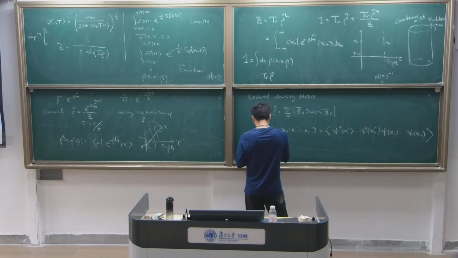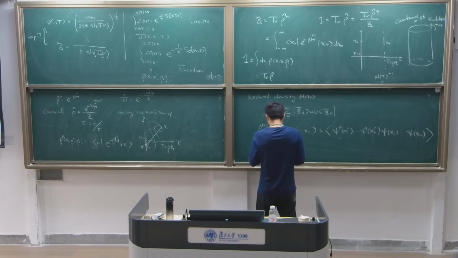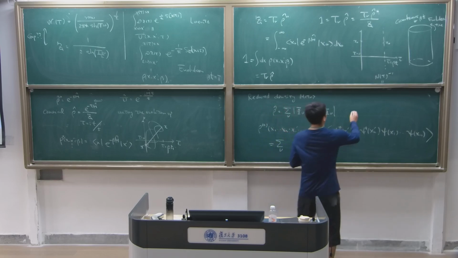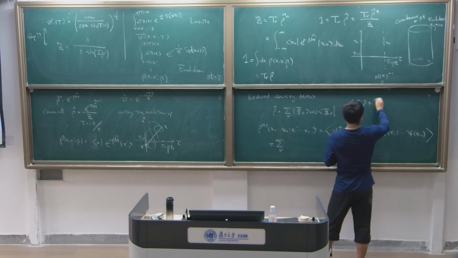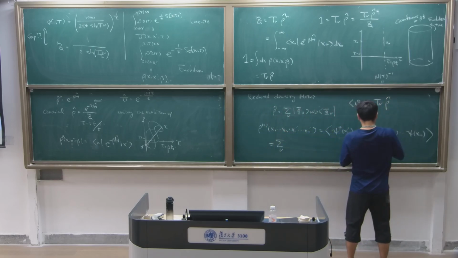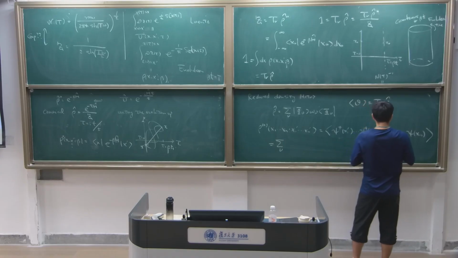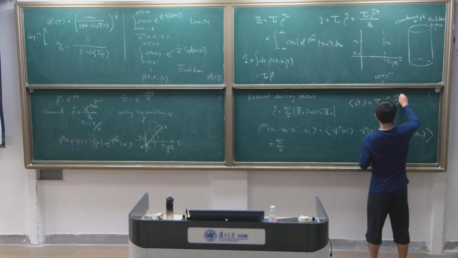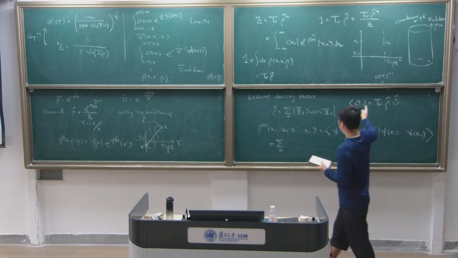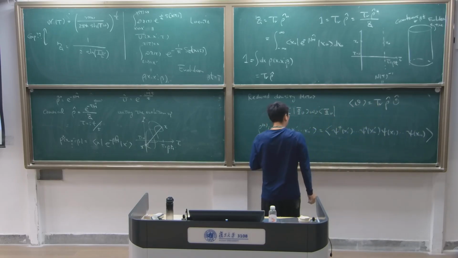Here what you get is the sum over mu, and the expression of the expectation is the trace of rho hat times the operator, right? And plug that into here and then just sum over all possible mu.